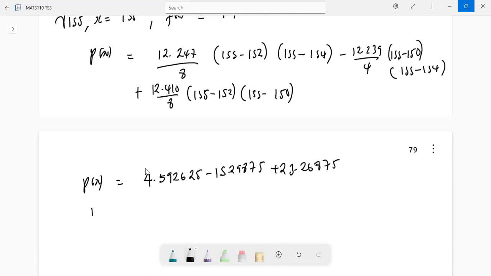Okay, so if you add everything, in fact here this should be P of 155, because I'm placing 155 in place of x. So we're going to add 23.26875 plus 4.592625 minus 15.29875.